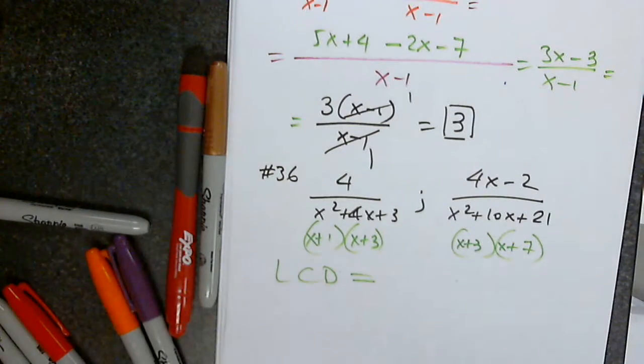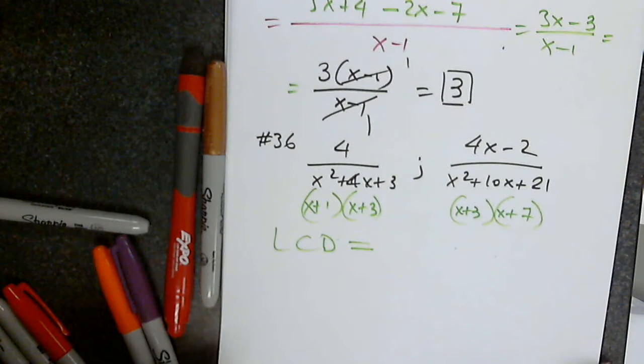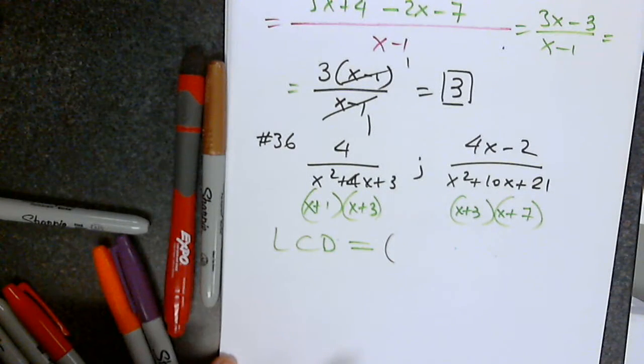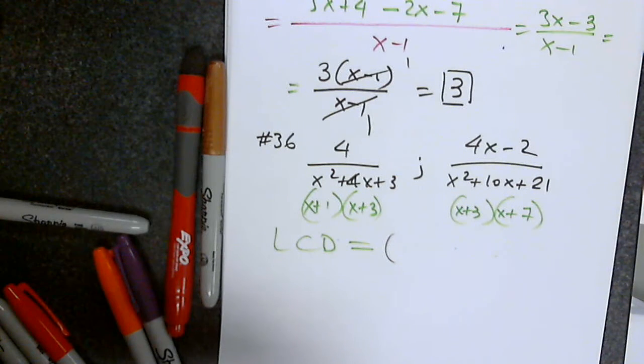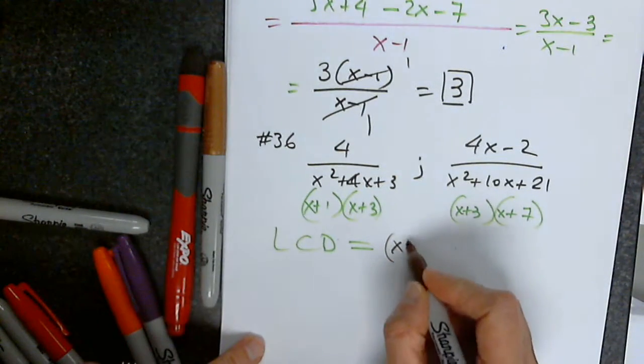So can anyone dictate the least common denominator? Not the greatest common factor, but the least common multiple, or the least common denominator. All different factors have to be in the least common denominator. All of them. X plus 1, x plus 3 and x plus 7.